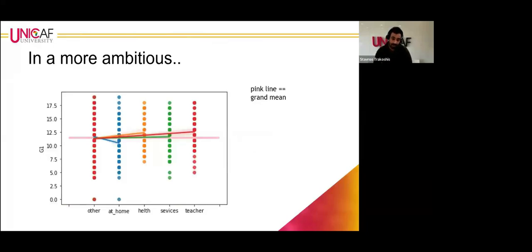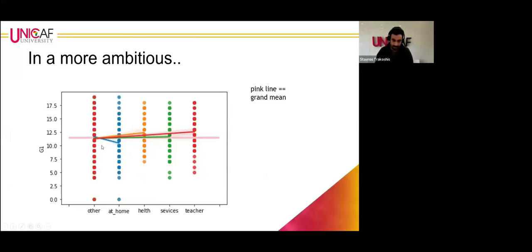And it took me ages to draw this graph here. So here I have the grand mean, which is the pink line. So it's a mean of all students in the first semester without taking into account their mother's job.